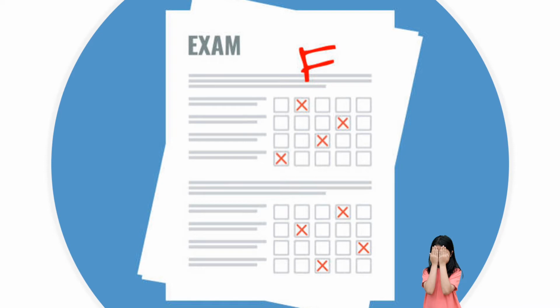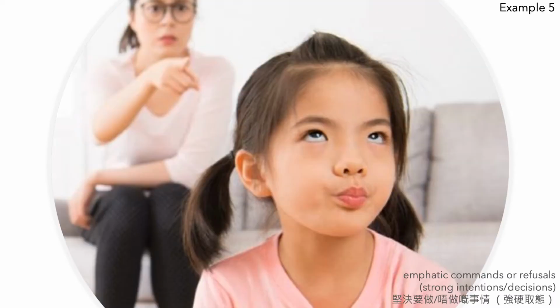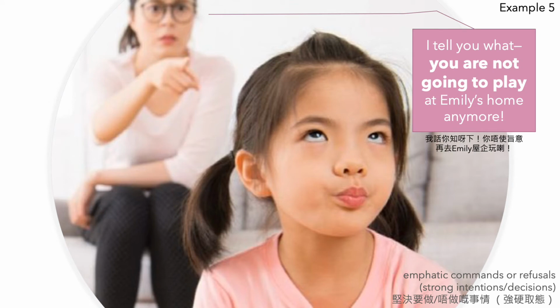Example: look at this little girl. She is very ashamed of herself, or she is very scared because she has failed many of her exams. Of course, her mom is very angry. She is furious, and she is telling her daughter, "I tell you what, you are not going to play at Emily's home anymore.